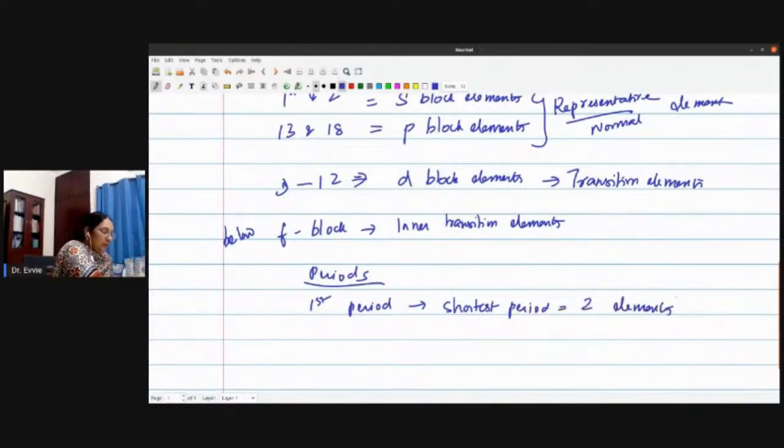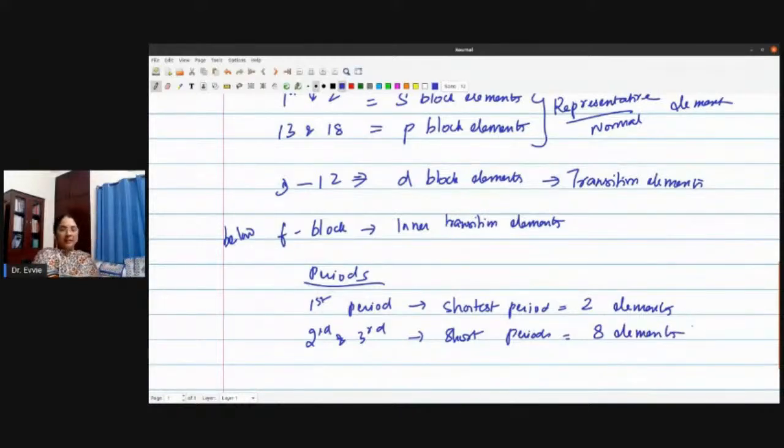When you go to the second and third, they're called the short periods, and they will have totally 8 elements each.